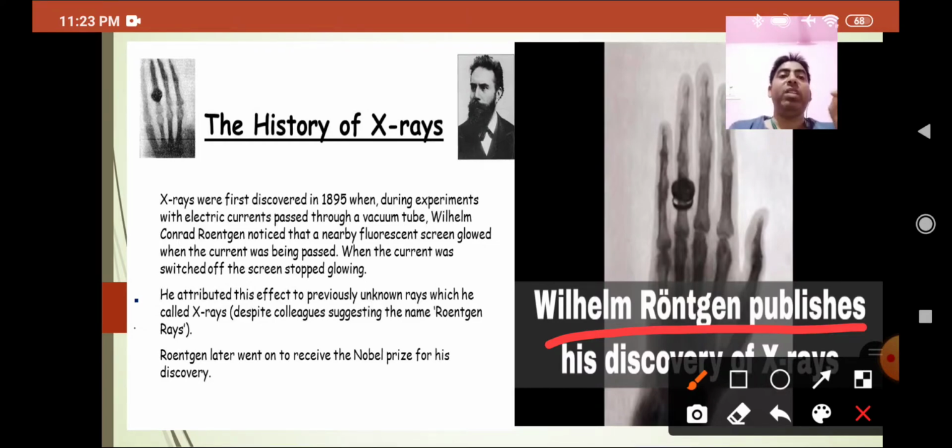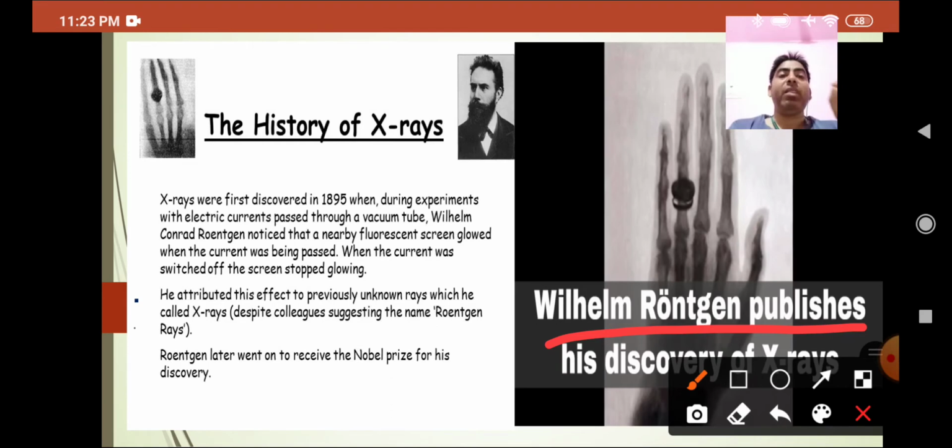Wilhelm Conrad Roentgen noticed that a nearby fluorescent screen glowed when the current was being passed. When the current was switched off, the screen stopped glowing. He attributed this effect to previously unknown rays, which are called X-rays.